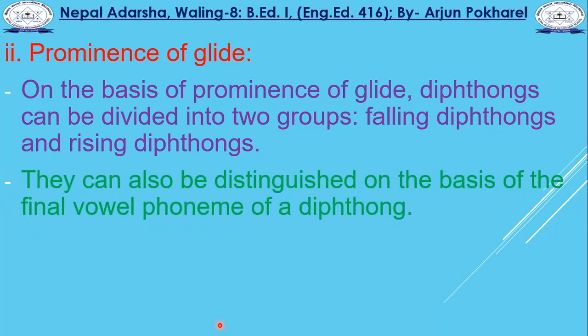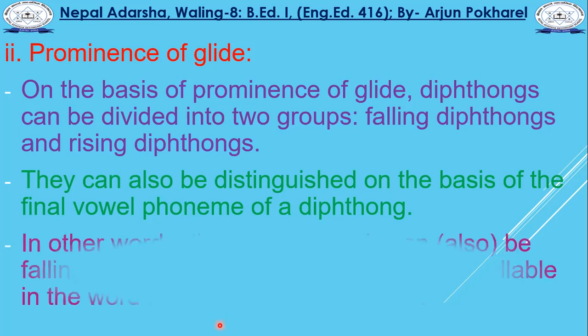If the prominence is given to the final vowel phoneme, that is a rising diphthong. If the prominence is not given to the final vowel phoneme, that is a falling diphthong. In this way, we see the final vowel phoneme and distinguish whether the diphthongs are falling or rising.